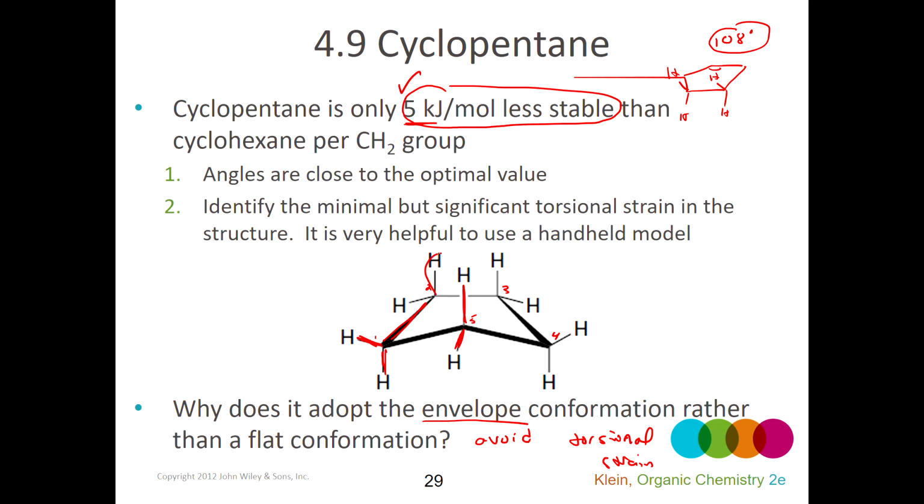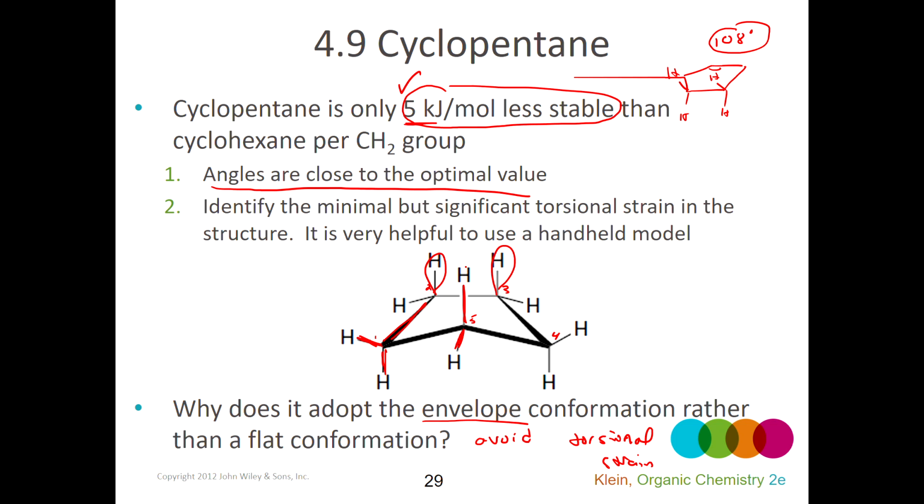You've got some hydrogens on the other side where the ring is kind of flat that are eclipsing. And there's no way to avoid that without creating a lot more angle strain. So the angles being relatively close to 109 mean that it's not very unstable, but there's a little bit of torsional strain back there. So that does increase the instability of the structure slightly.